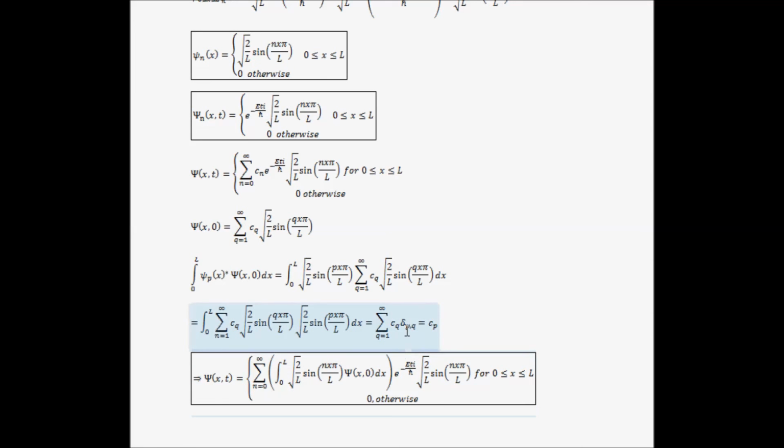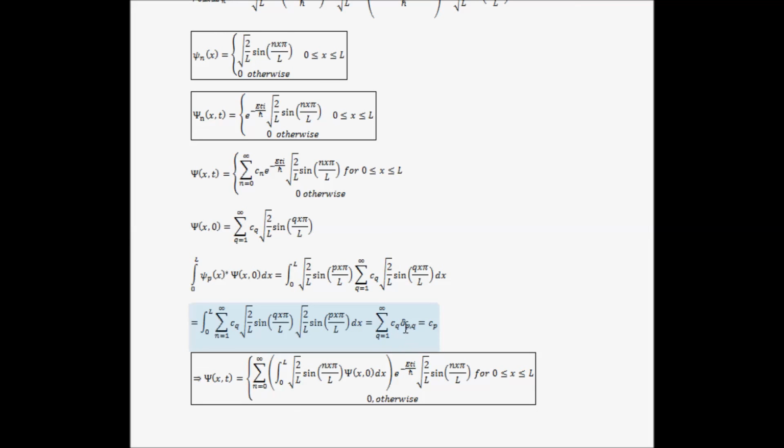So you end up with just Cq times this thing, which is determined by whether p is equal to q. Since we've got Cq here, this only works if p is equal to q. This is only 1 if p is equal to q. We're summing over q, so this is only going to become something that isn't 0 if q is equal to p here.